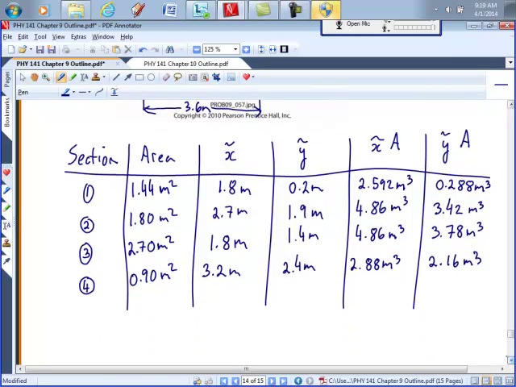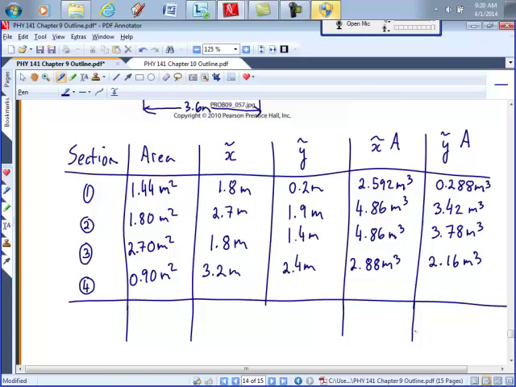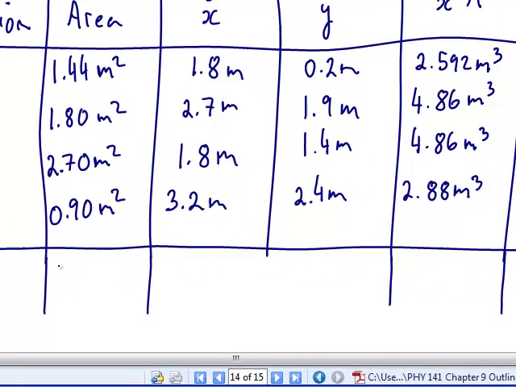And for my composite, we're going to add up this column and these two columns. Anybody else get 6.84? Yep, okay.